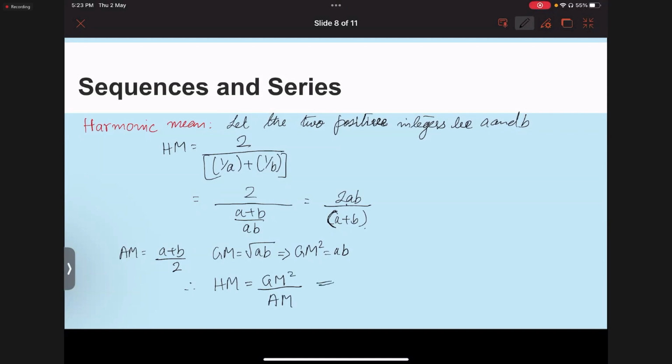Okay, so this gives you a little more information: your geometric mean can be calculated using the product of your harmonic mean and your arithmetic mean, and also your arithmetic mean can be calculated using your geometric mean, that is, the square of your geometric mean divided by your harmonic mean.